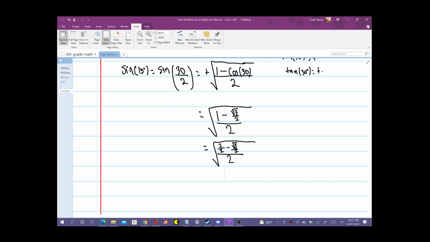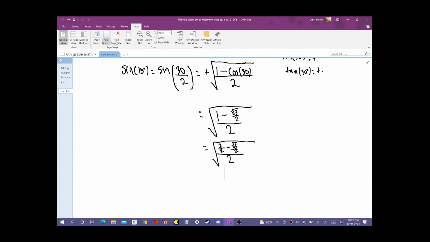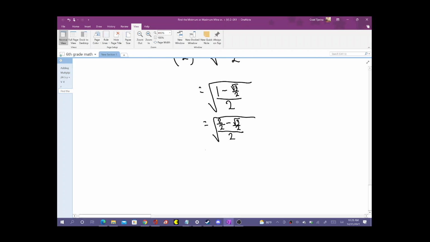Let me write it so that you guys can understand what I'm writing. So it's 2 over 2 minus square root of 3 over 2, all over 2. Then this equals (2 minus square root of 3) over 2, over 2, and it's the square root.